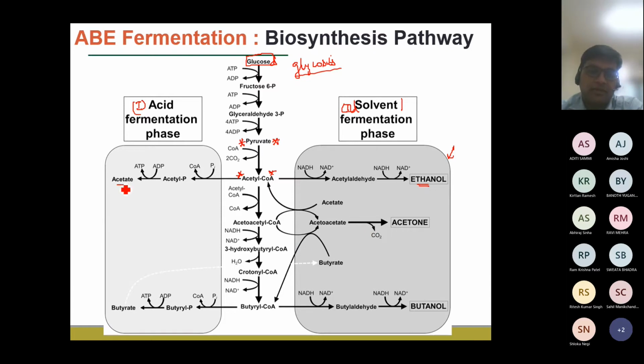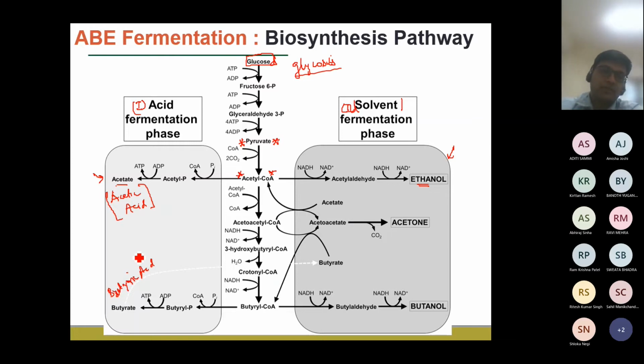And in the acid fermentation phase, the acetate means it is going to produce, for example, acetic acid, or the butyrate means it is going to produce butyric acid, for example. Acetic acid also has significant commercial value, so there is a demand for acetic acid.